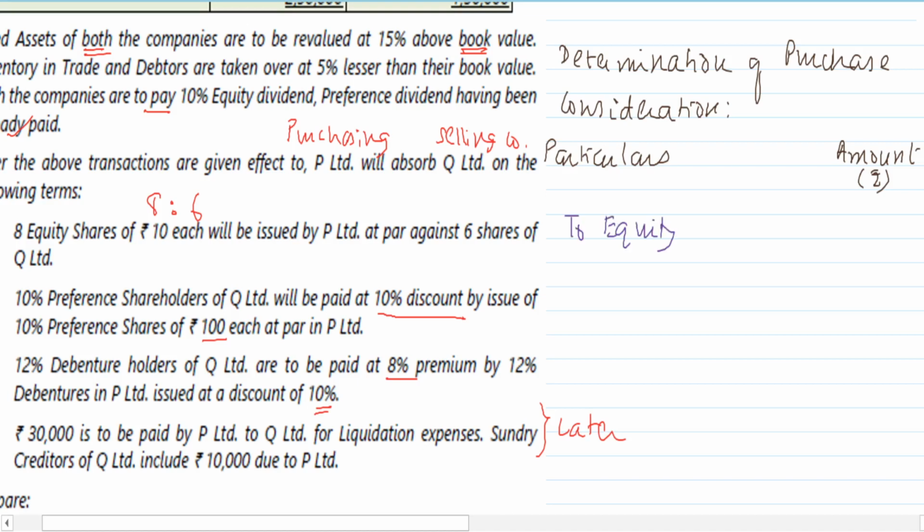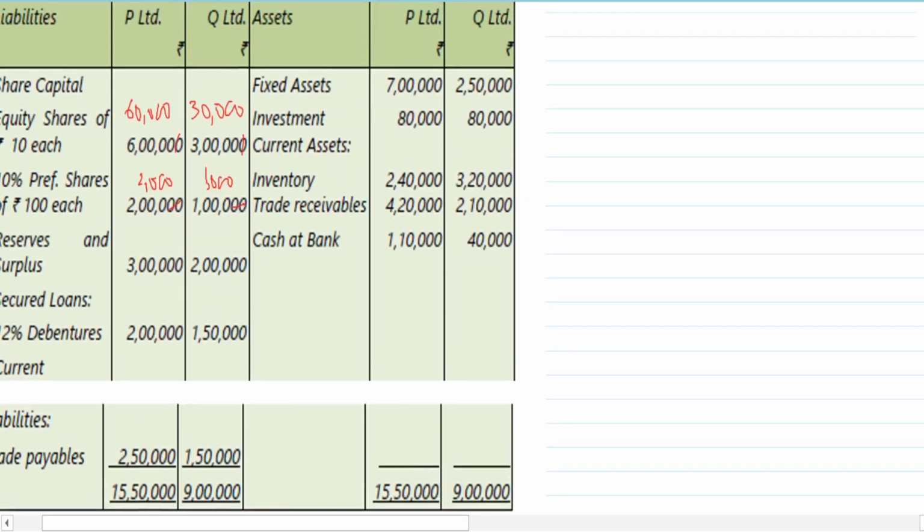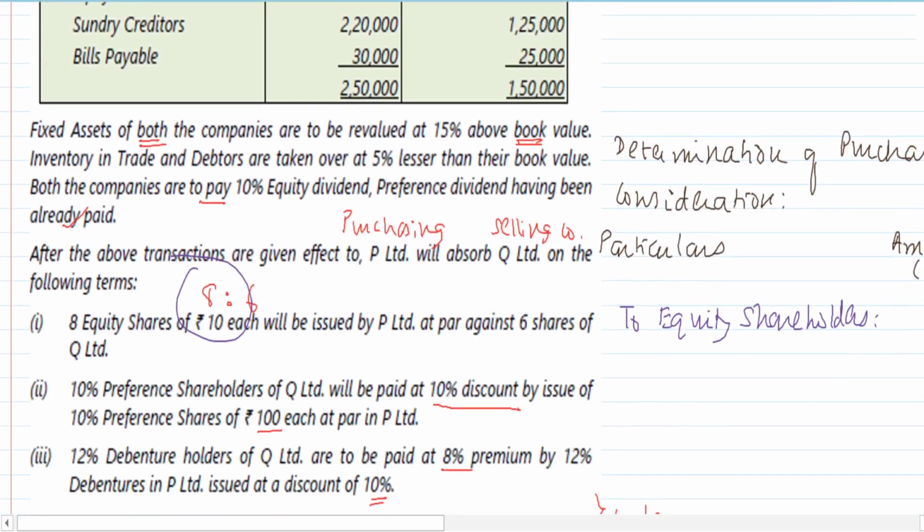To equity shareholders. So we know our share exchange ratio for equity shareholders is 8:6. What are the number of equity shares in the selling company? 30,000.